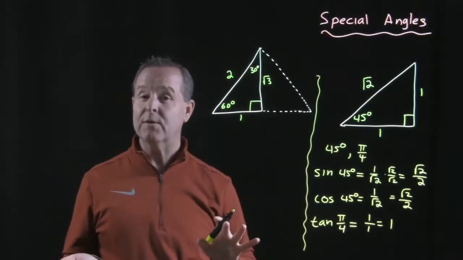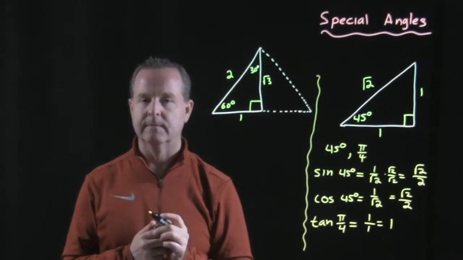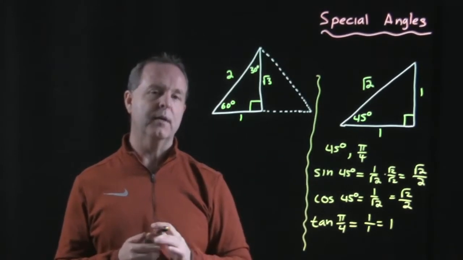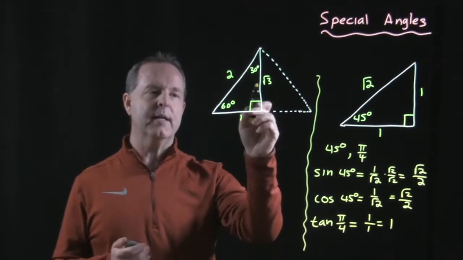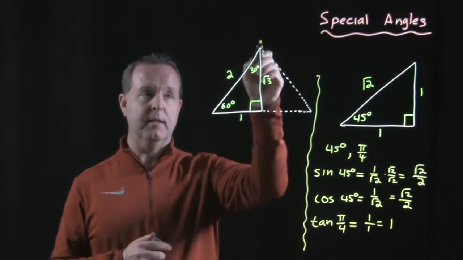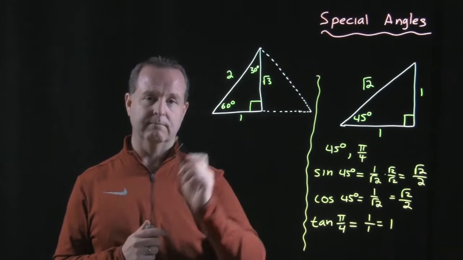So the other two angles are a 30-degree angle and a 60-degree angle. So what I constructed is a 30-60-90 triangle. To find the sides, how we do it is I built an equilateral triangle where every side is 2, then put the altitude down the middle and took half of that triangle.